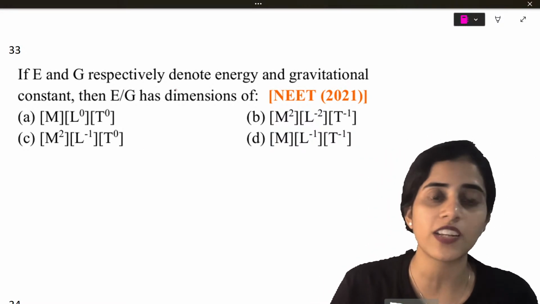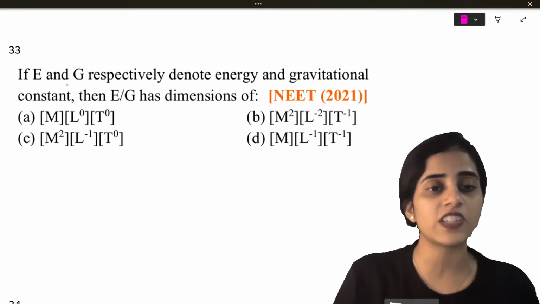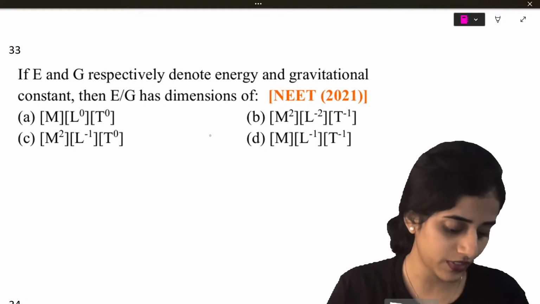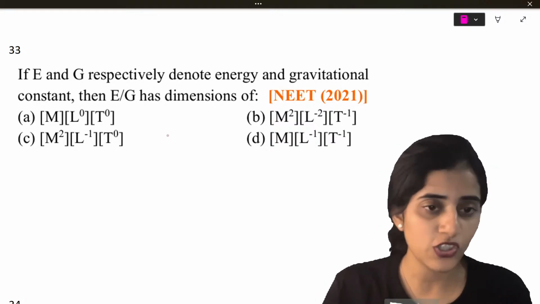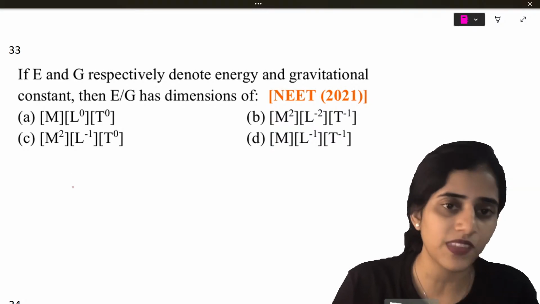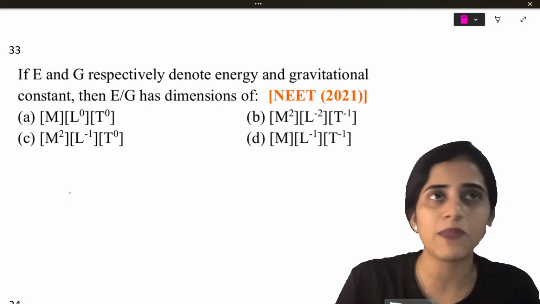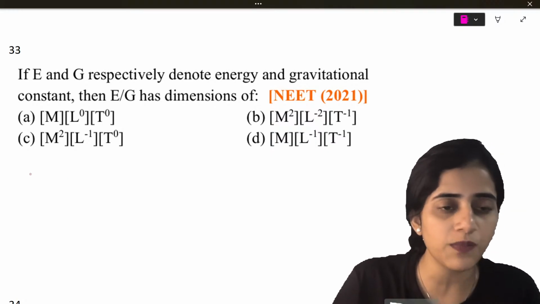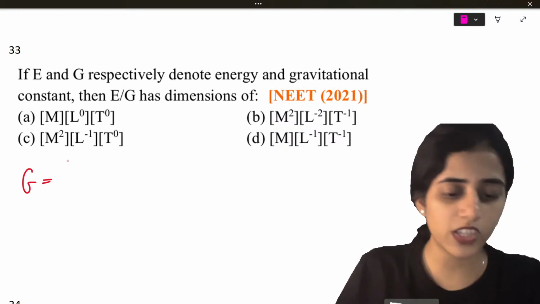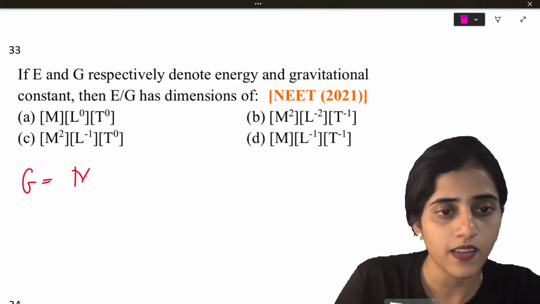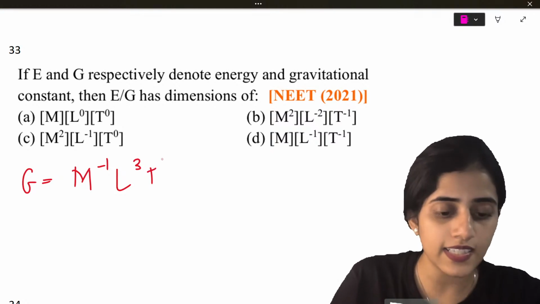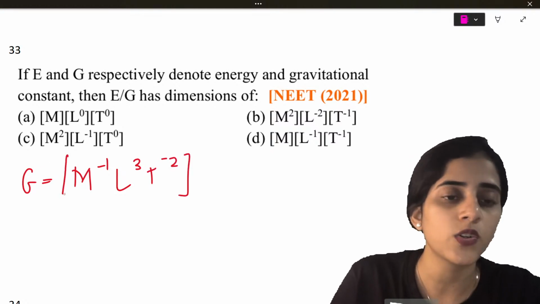If E and G respectively denote energy and gravitational constant, then E by G has dimensions of. Okay. So let's first find out G. What is G? F R square by M square is G. So G should have a dimension of M raised to minus 1 L cube T raised to minus 2.